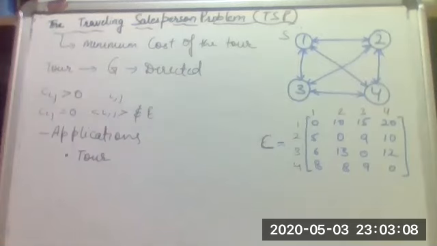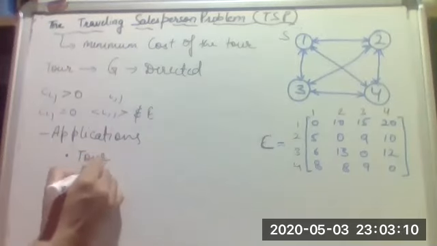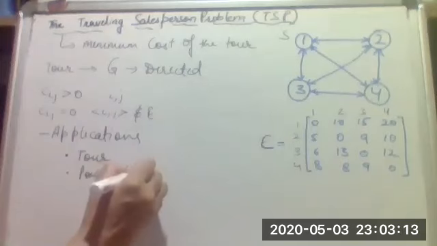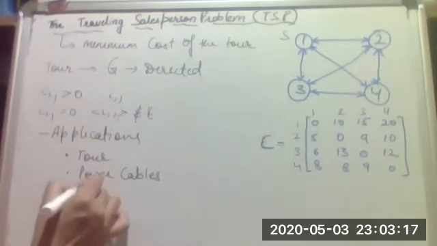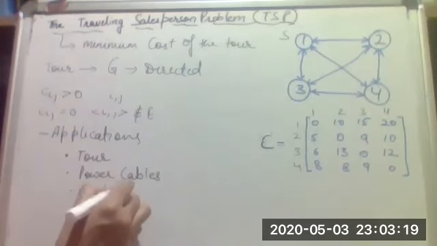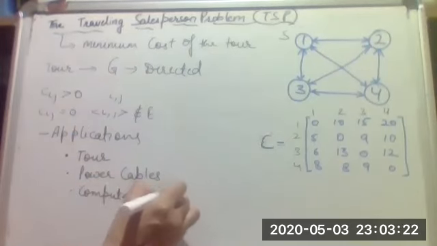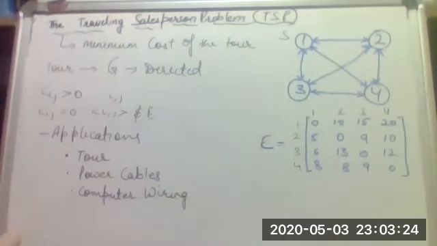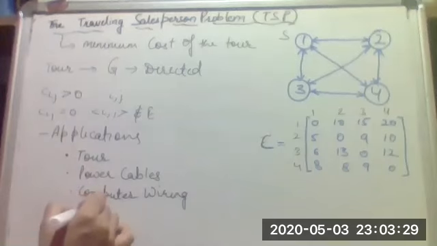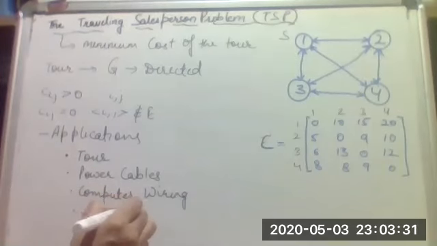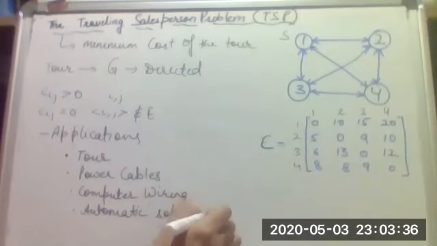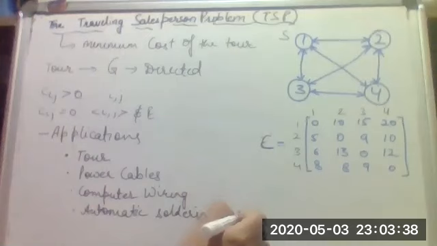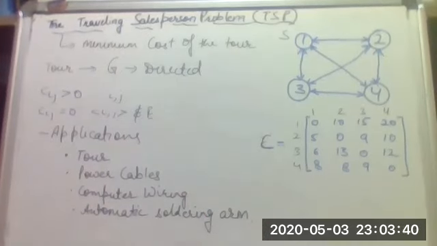Others are power cables, the path that should be followed for minimum energy loss, computer wiring, as well as the automatic soldering arm that is used in manufacturing.